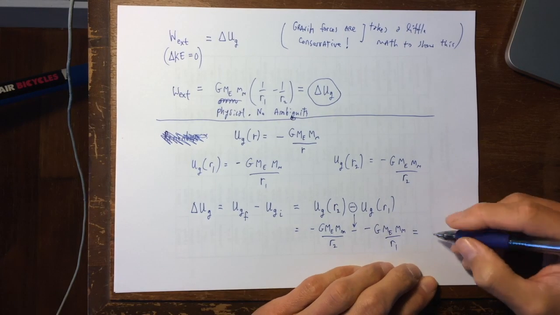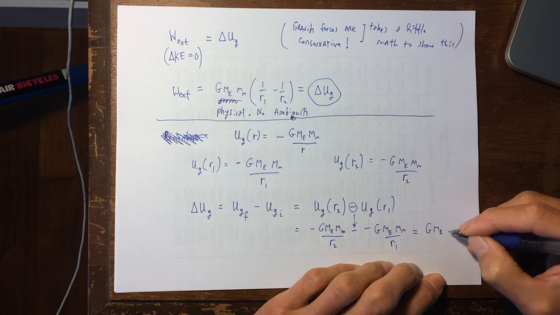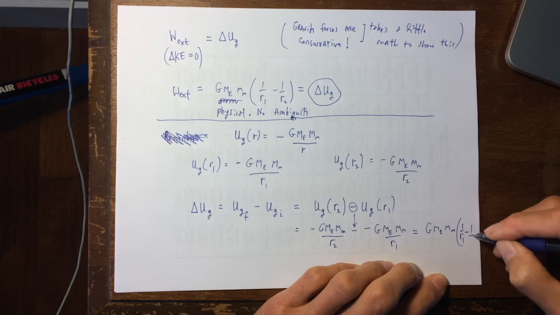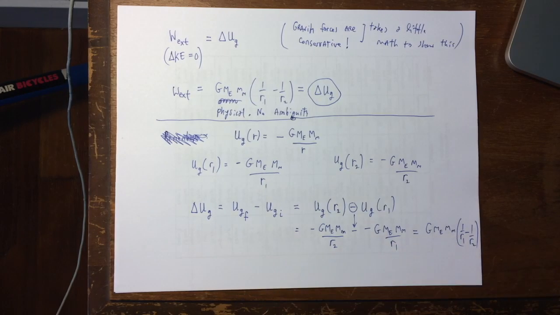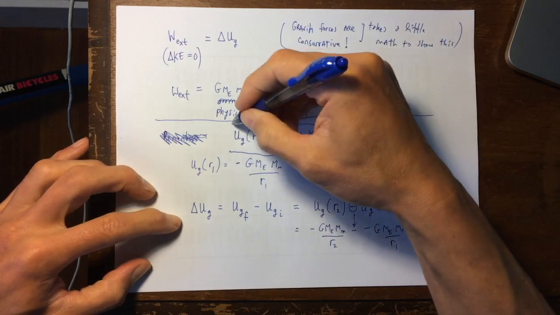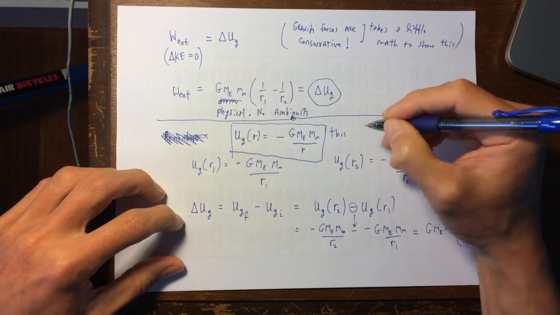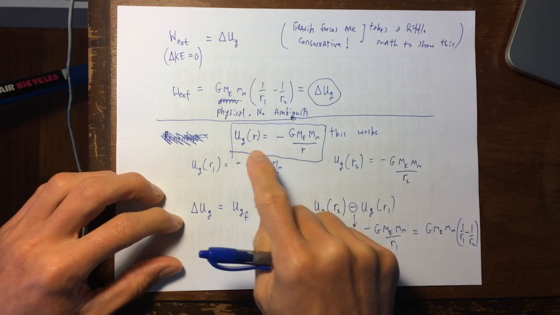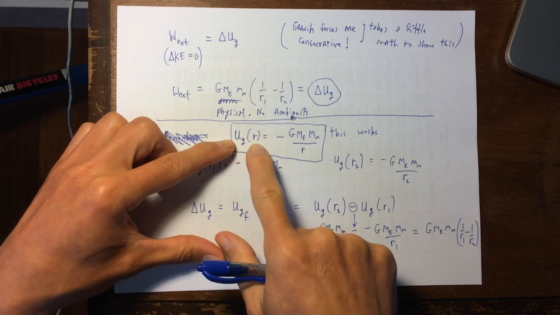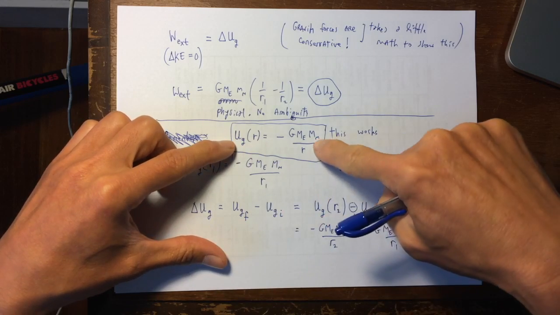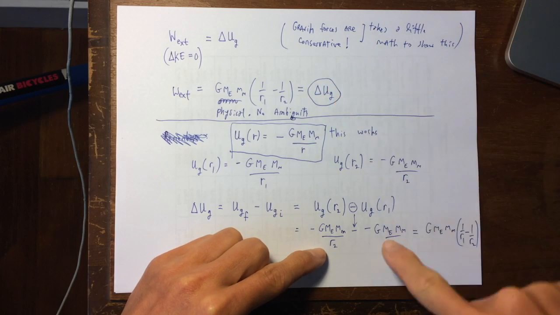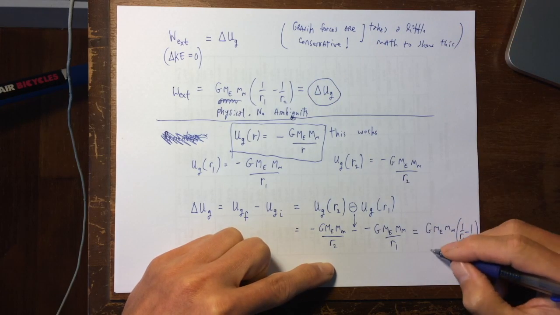This is equal to G mass Earth mass Moon times 1 over R1 minus 1 over R2. That is, if I define this potential energy as the potential energy at R, then I can use it to understand differences just fine. It gives me the correct difference.